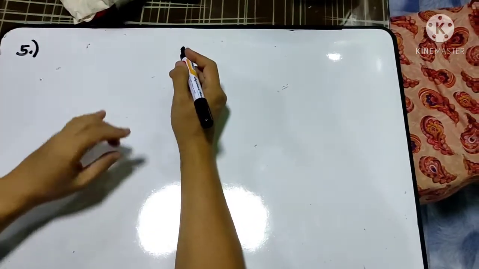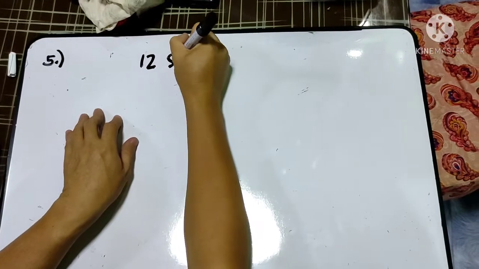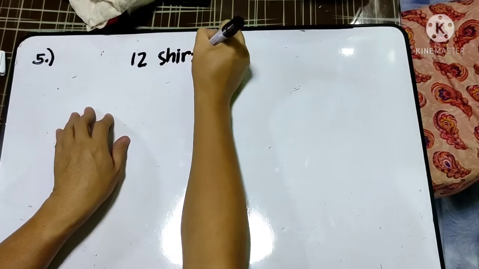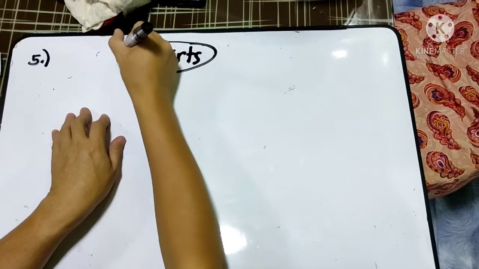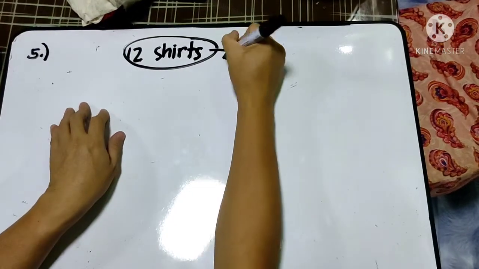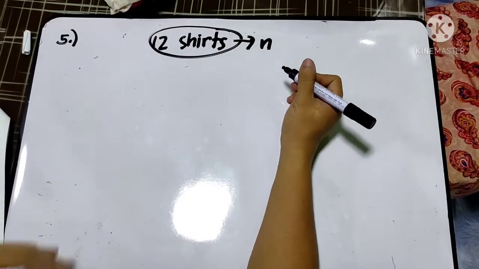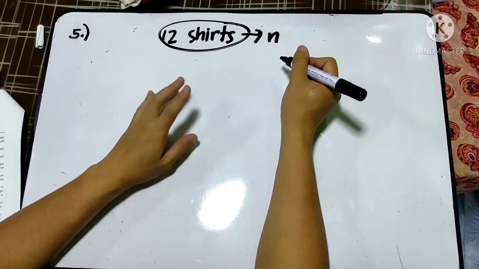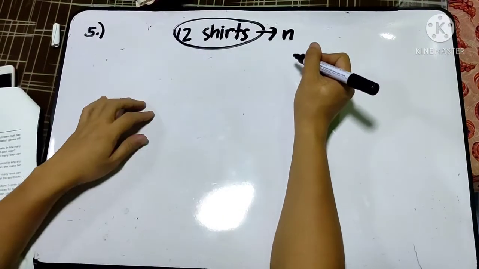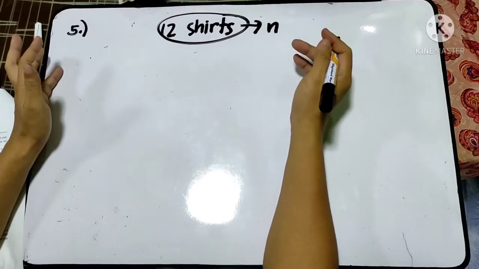So, in the problem, you have 12 shirts. So these 12 shirts, this will be your N. You will be transferring to a new boarding house and you need to select 8 out of these 12. So the shirts are of equal importance.